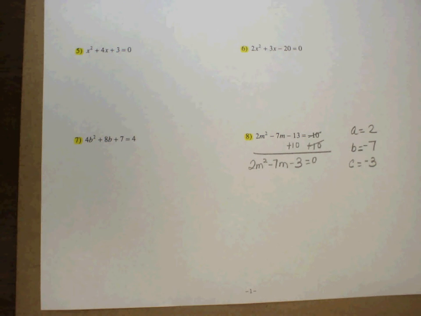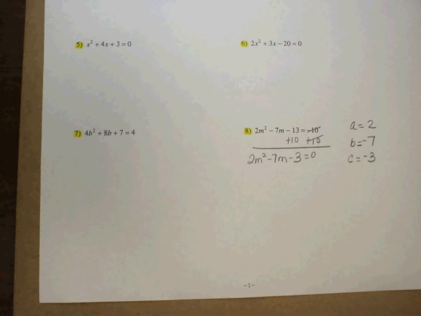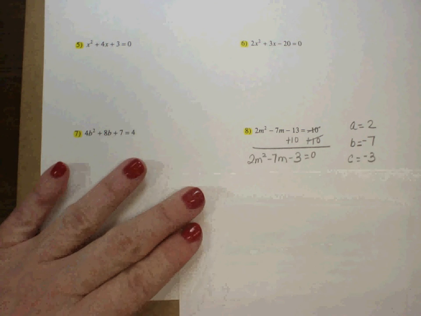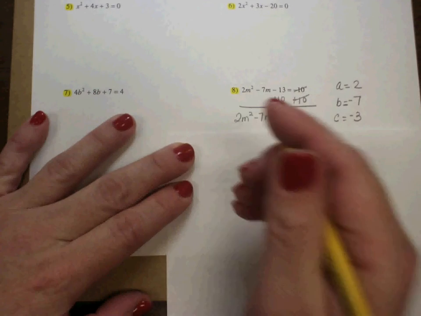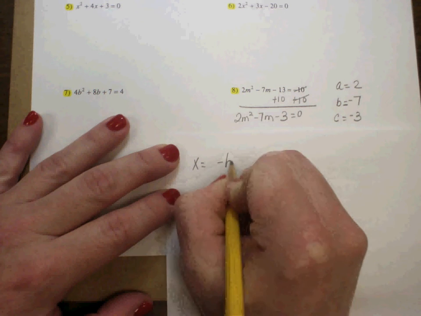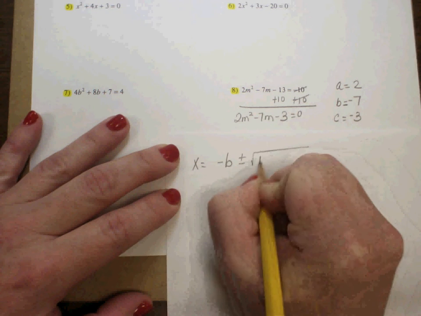Now you guys don't have to write it again because you have it at the top of your page. I'm going to write it just because I cannot see it. So x equals the opposite of b plus or minus the square root of b squared minus 4ac, divided by 2a.